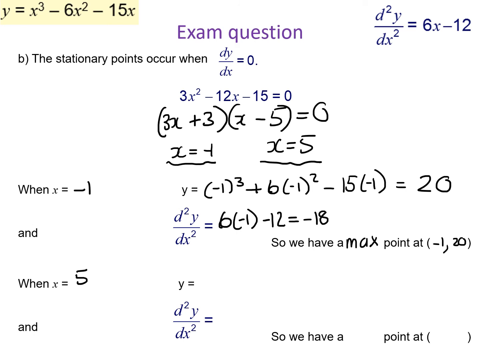The other coordinate will probably be a minimum, but we best check it. When x is 5, what's the y? Oh, it's a bit nasty. I need your calculator now. 5 to the power 3, take away 6 lots of 5 squared, take 15 lots of 5, stick that in the machine.